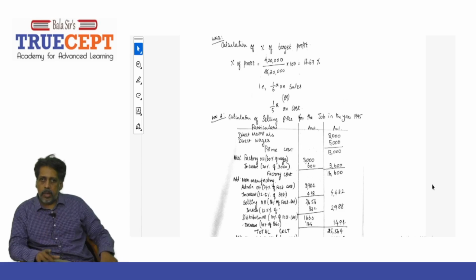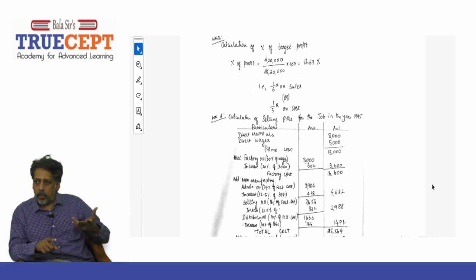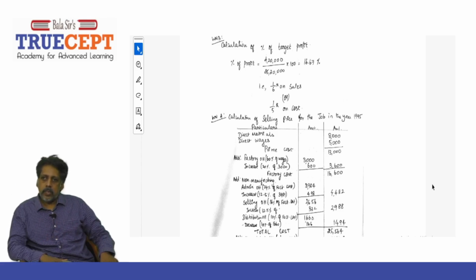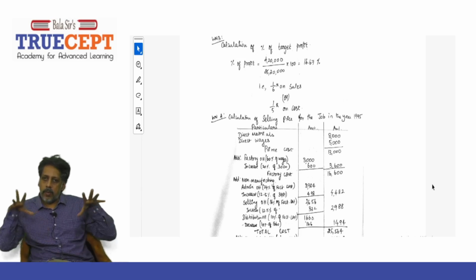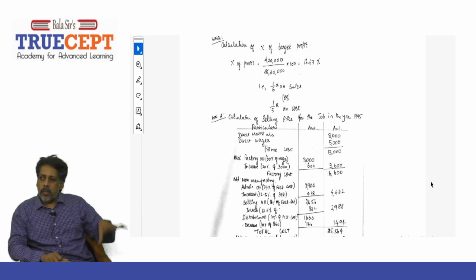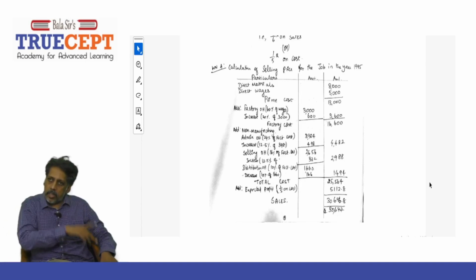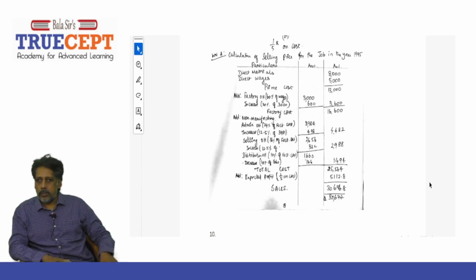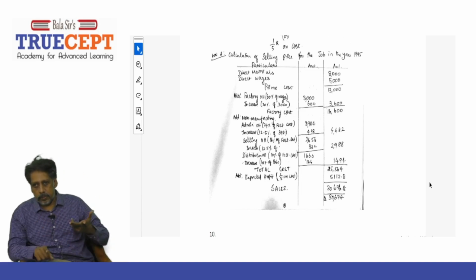But here remember, if I want, I can calculate the profit on cost, which is 4,20,000 upon 21 lakh into 100. How much? 20% on cost. If you want, make a note of it. Fine. And I'll go to working note number 4, where I'm supposed to find the price for this particular job that we're going to take up for a customer.